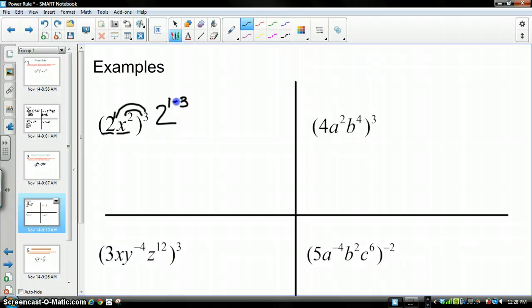So 2 times 3, and x to the 2 times 3. So we end up with 2 to the third, x to the 6th. 2 to the third equals 8. So we get 8x to the 6th.